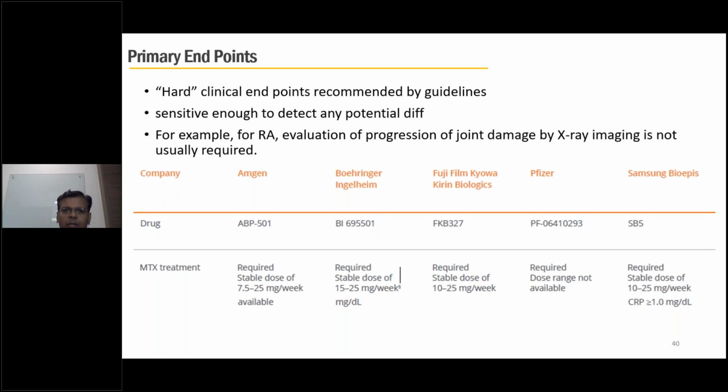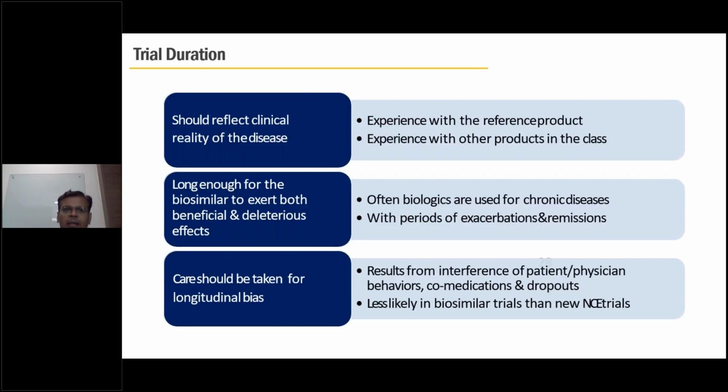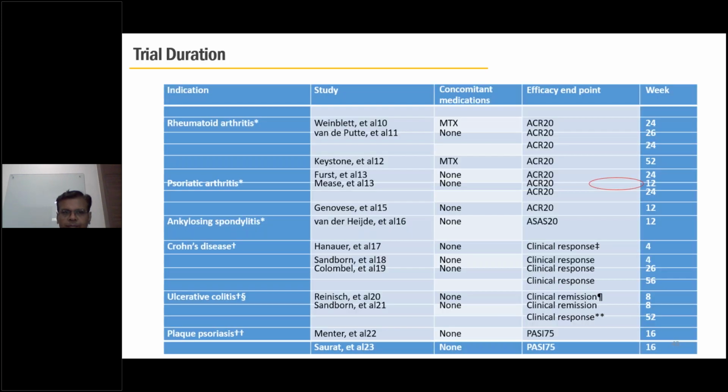You need something which is really a hard endpoint, which would help in getting you the exact differences. The sample size also plays a vital role in these types of studies, and the total study duration.